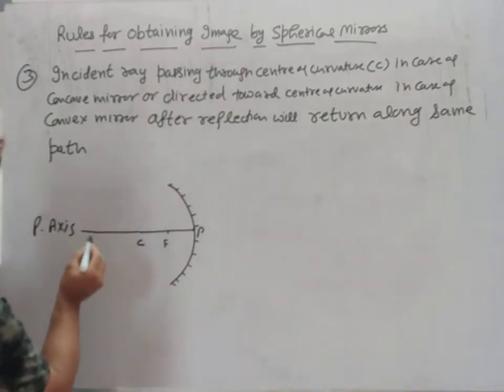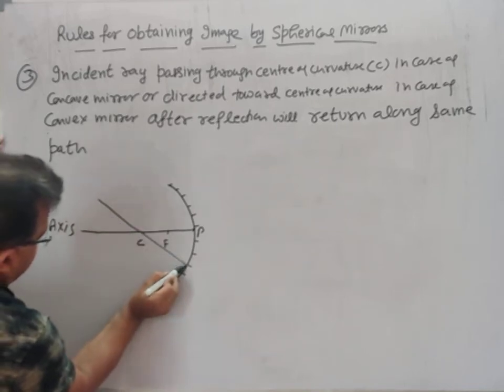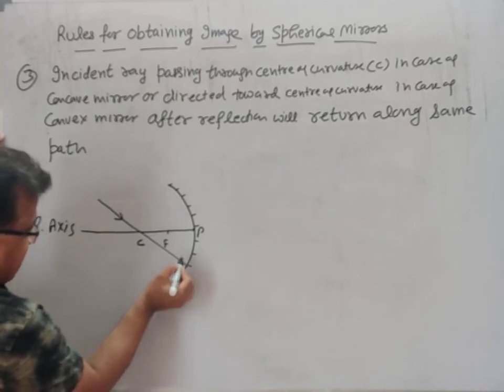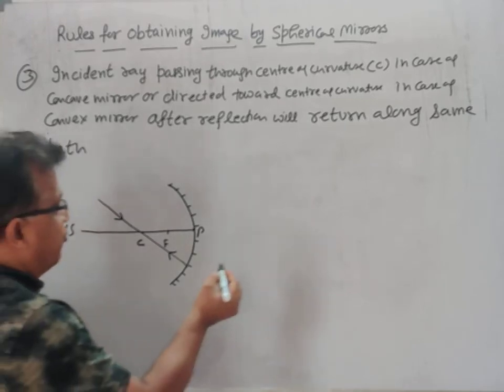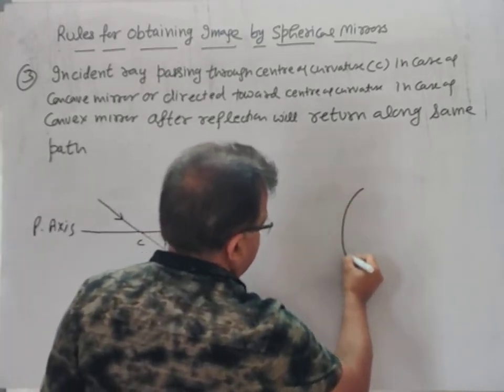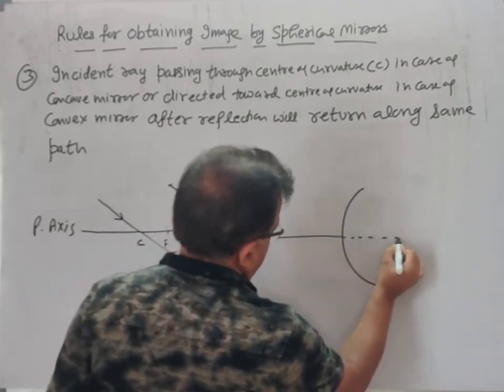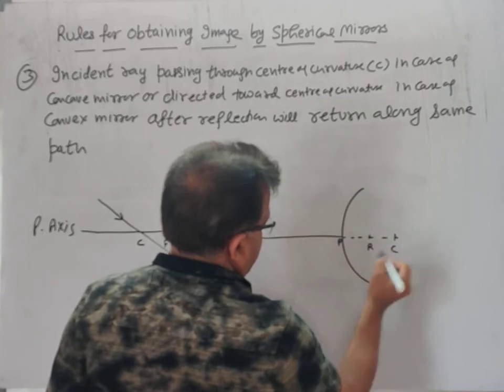Now the incident ray which is passing through this center of curvature, it is the incident ray, direction is shown, and it will strike here. After striking, it will be reflected back along the same path. In case of convex mirror, P, F and C.